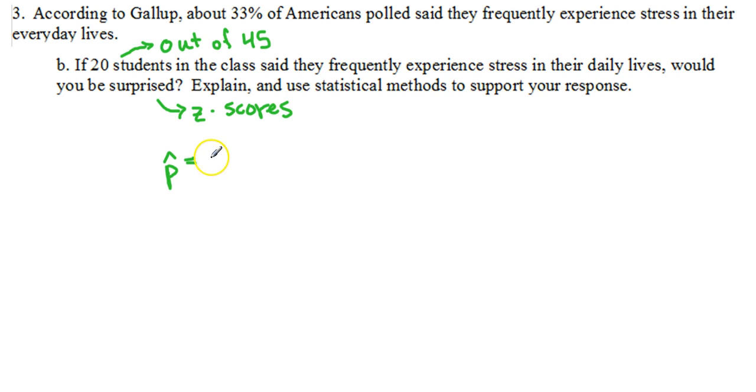So how extreme is it if we get a p-hat of 20 out of 45, which is 0.44, compared to the 33% of Americans polled in general. So we need a z-score for this particular p-hat.